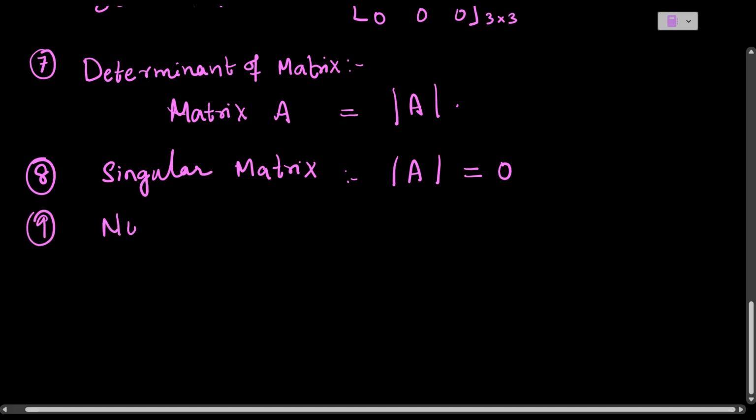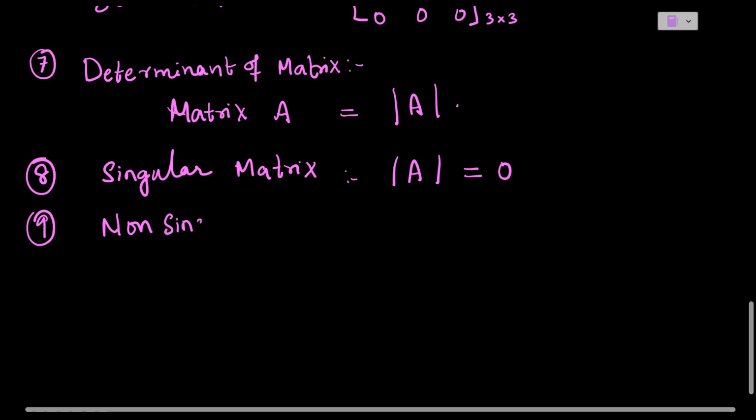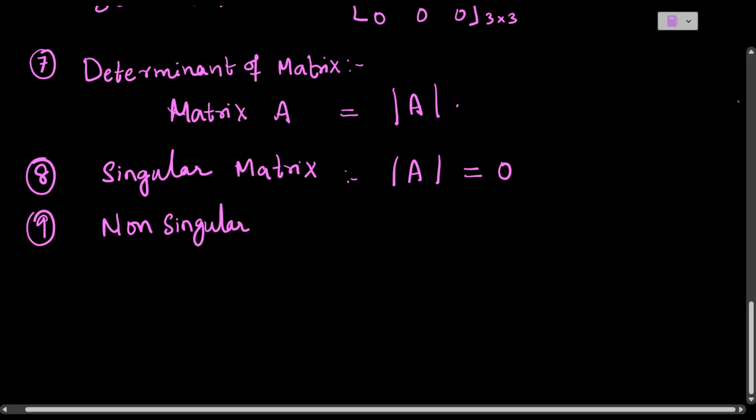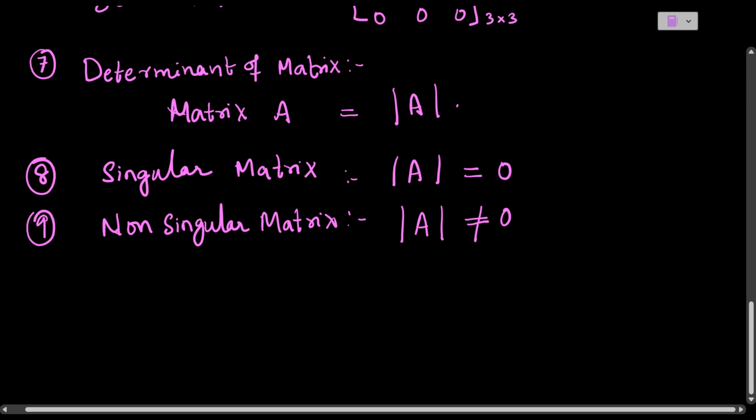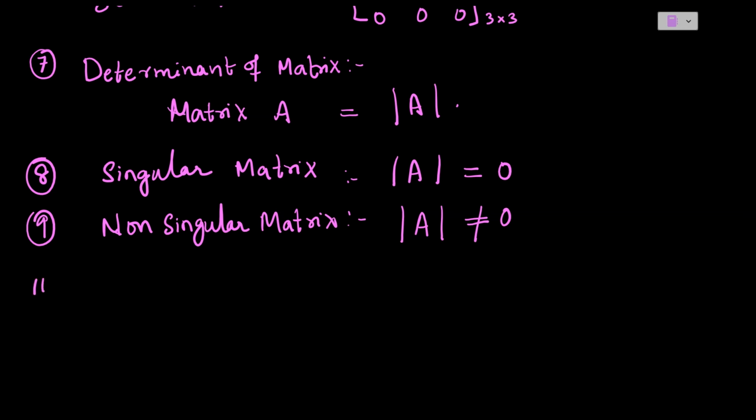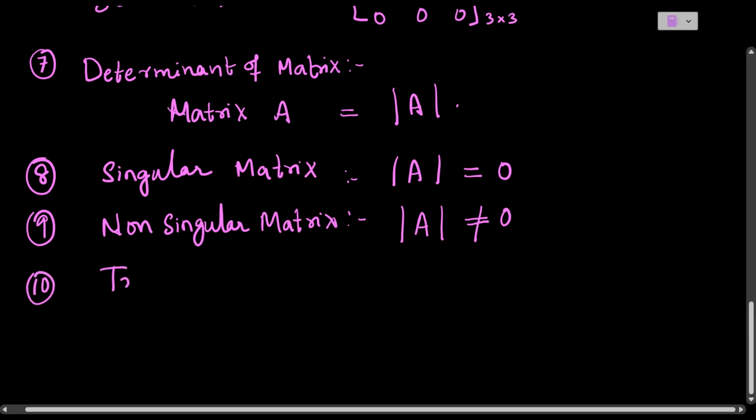Then it will be called a singular matrix. Next, non-singular matrix. What do you mean by non-singular matrix? Suppose if you find the determinant of a matrix, it should not be equal to 0. If the value of det A is not equal to 0, then we call it a non-singular matrix. Now, transpose of a matrix.